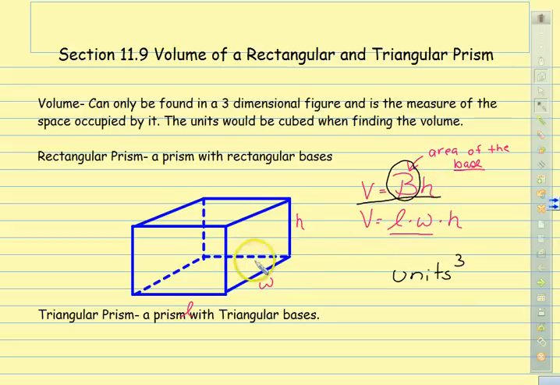Since it's a rectangular prism, we will use length times width because that is how we would find the area of our base. If it were a triangle, then we would use base times height divided by 2. So it just depends on the shape of the base that will be filled in, like we have here, length times width. And then you multiply it by the height of the actual prism.